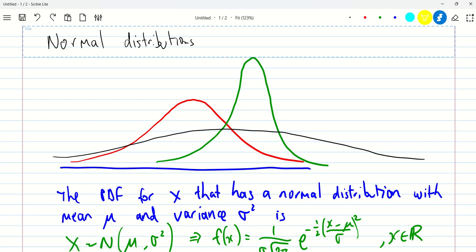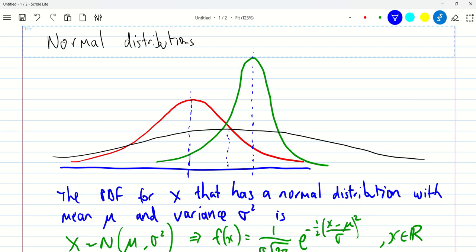I've drawn three normal curves there, the red, the green, and the black. And there are only two parameters that we use to describe a normal curve. Firstly, we look at the middle of the curve, so looking at that red line, the green curve there, and the black line.